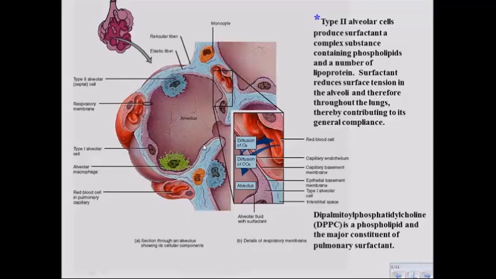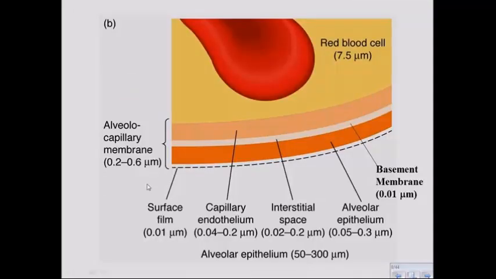And the alveoli are surrounded by capillaries. Okay. So the respiratory membrane includes the endothelial cell, the alveolar type 1 cell, a shared basement membrane, and a little bit of fluid lining the inside of the alveolus.